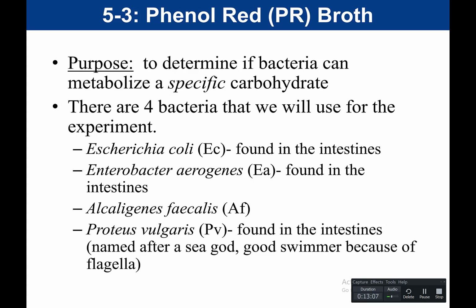So for the Phenol Red Test, you should know that the purpose of this test is to determine if bacteria can metabolize a specific carbohydrate. And that carbohydrate can change. We can use pretty much any carbohydrate. We could have lactose in the media, we could have glucose in the media, any particular carbohydrate. You don't have to know the 4 bacteria that we used in this experiment. That is not important.